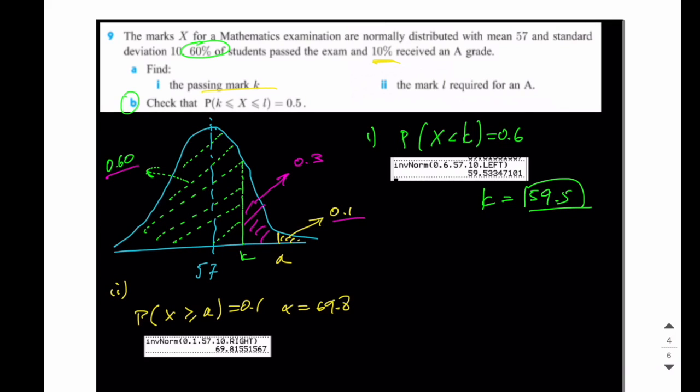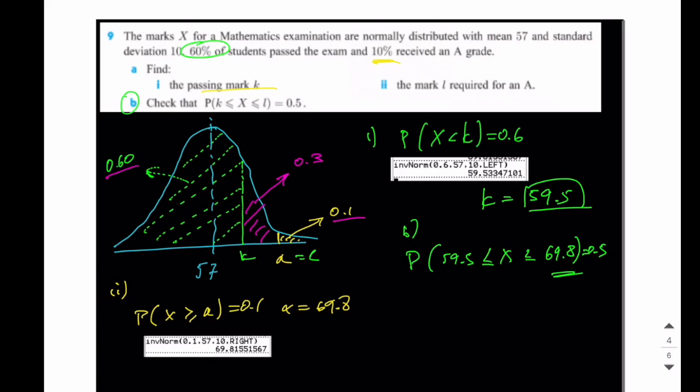And then for B, check the probability between K and A is 0.3. Sorry, I copied it wrong, so let's see. So check that probability between K, which is 59.5, less or equal than X, and less or equal than A, which is 69.8, that is 0.3.